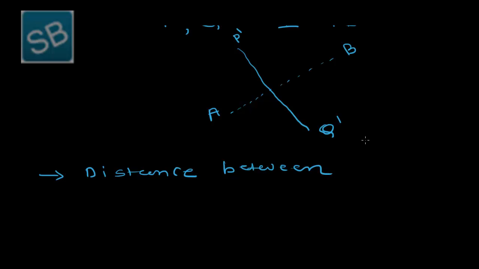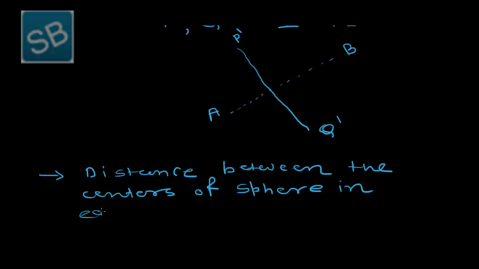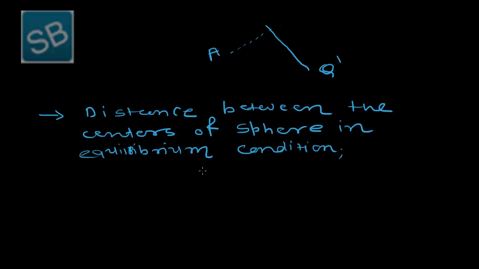The distance between their centers, meaning the centers of the spheres, in equilibrium condition is given by either AP or PQ, that is small r.